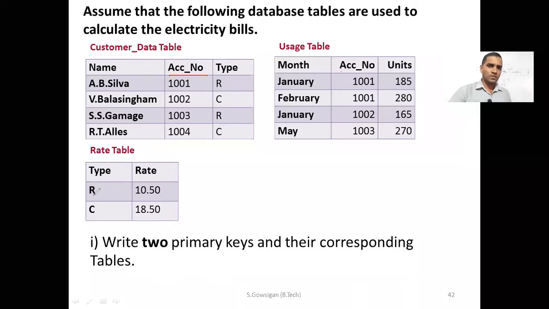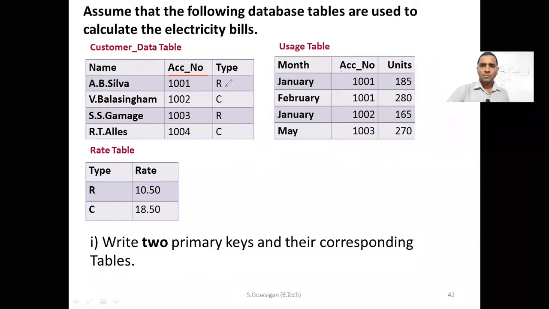For commercial purposes, for companies, maybe shops, supermarkets, some commercial institutions, the rate is different, right? So that's why they put 2 types, residence customers and commercial customers.